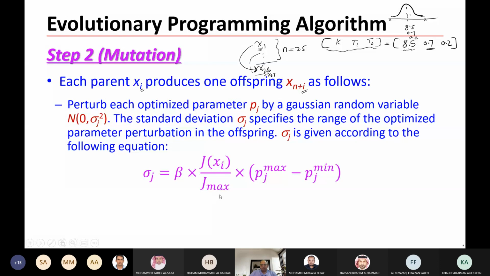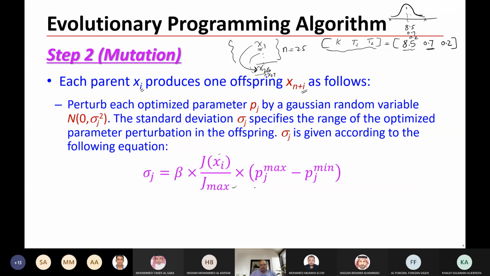J maximum is the maximum value among the objectives of the 25 solutions that you already generated, and you can find it. And this is the objective function of the current solution. And this is the range of the parameter. If you are talking about K, you will take 101. If you are talking about T1, of course you can handle this.